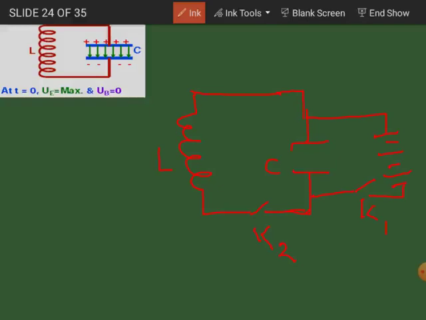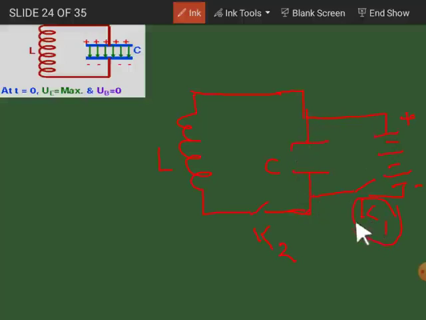So this is the positive of the battery and this side is negative. When key K1 is on, the inductor is out of the circuit, and so the battery will charge this capacitor, as the circuit is completed here.